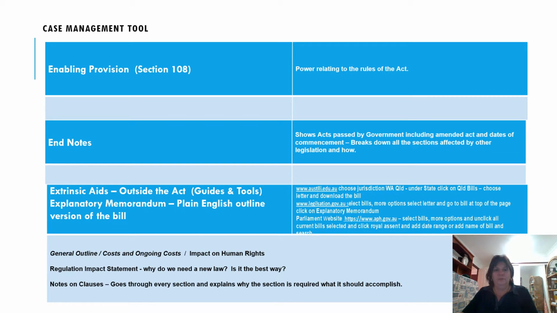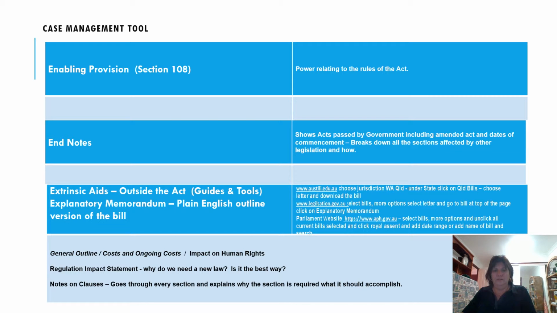Extrinsic aids, which are guides and tools outside the Act, include explanatory memorandum, which is a plain English outline version of the bill. It gives you general outline, costs and ongoing cost, an impact on human rights, a regulation impact statement, why do we need a new law, and is this the best way?